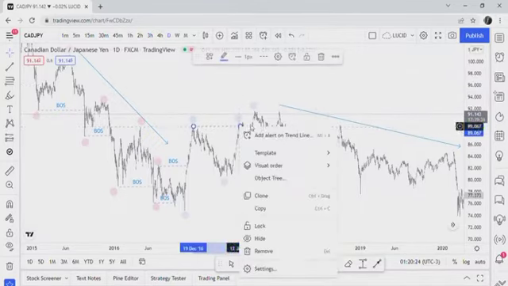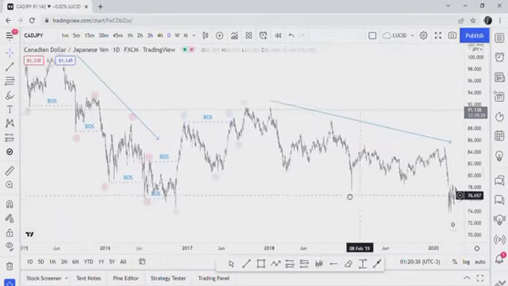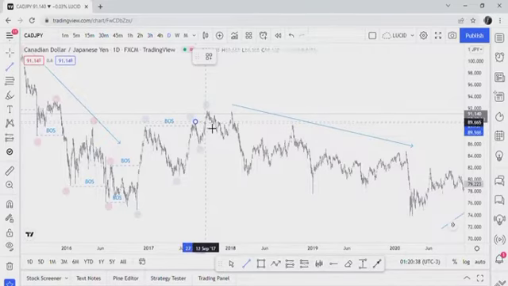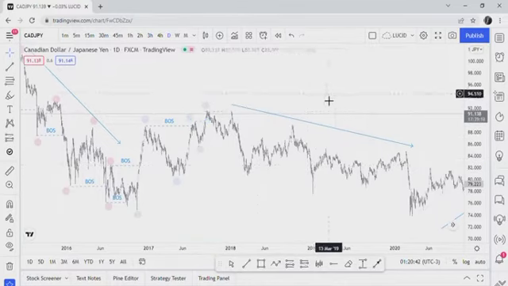Sorry. Break of structure here. A little break of structure here, right?